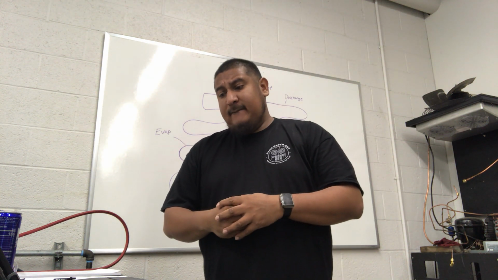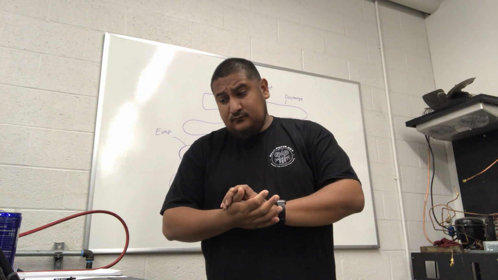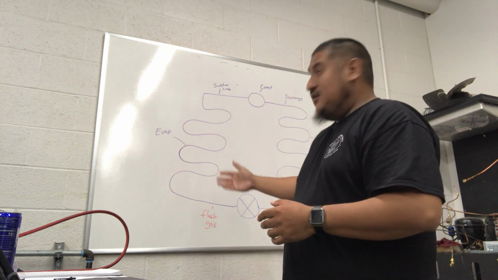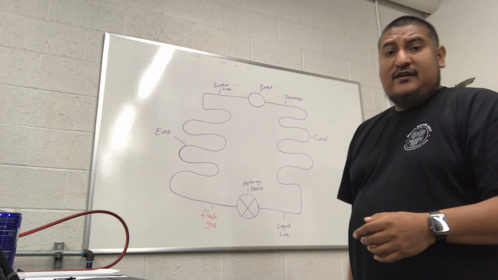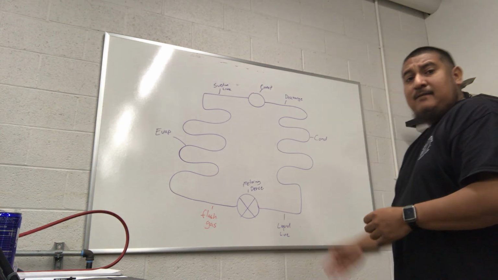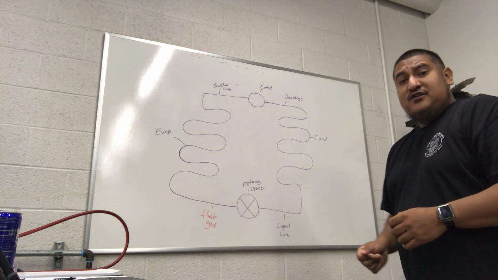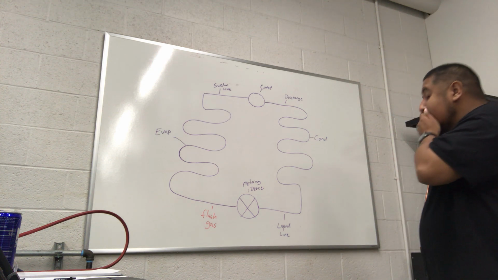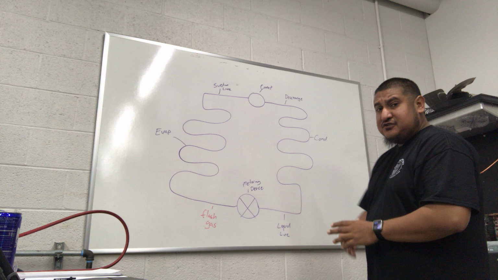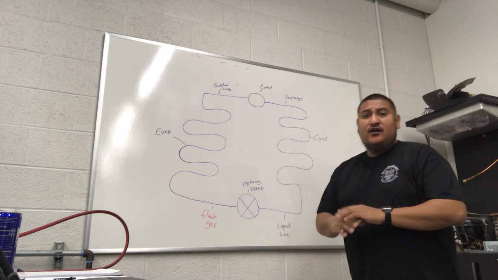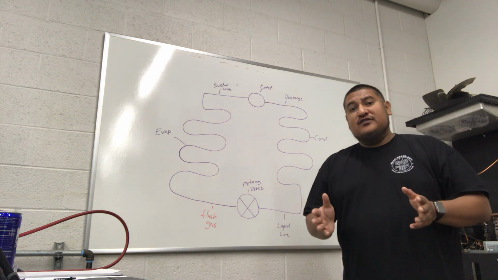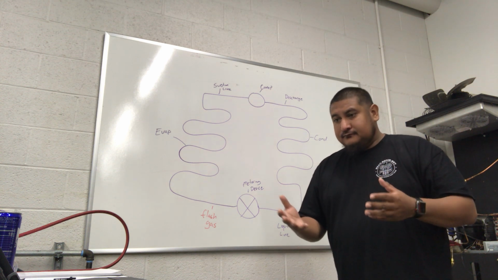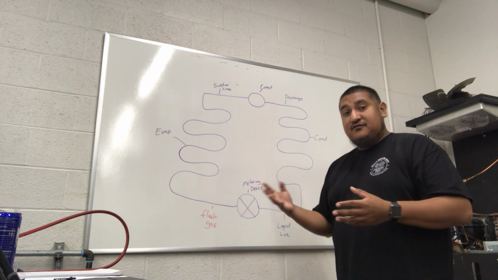So basically what we're going to cover today is, like I said, the basic refrigeration circuit. Hopefully you guys can see what I drew up on the board here. This is your basic refrigeration circuit, right? A basic refrigeration circuit or air conditioning circuit will never change. It would always consist of just your basic four components.